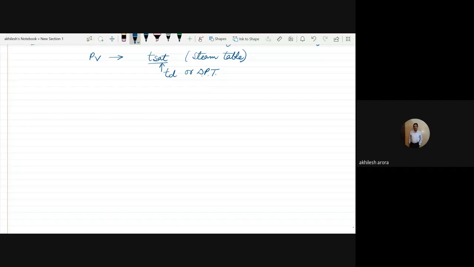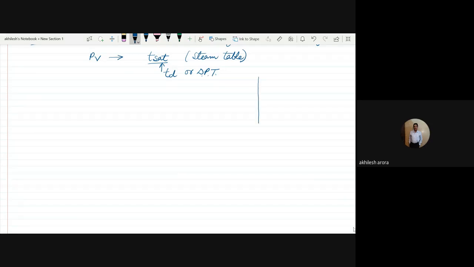Now let us proceed. Yes, there is one more definition for it. I would like to tell you that once again. When we talk about the dew point temperature, let us see how to obtain it here.